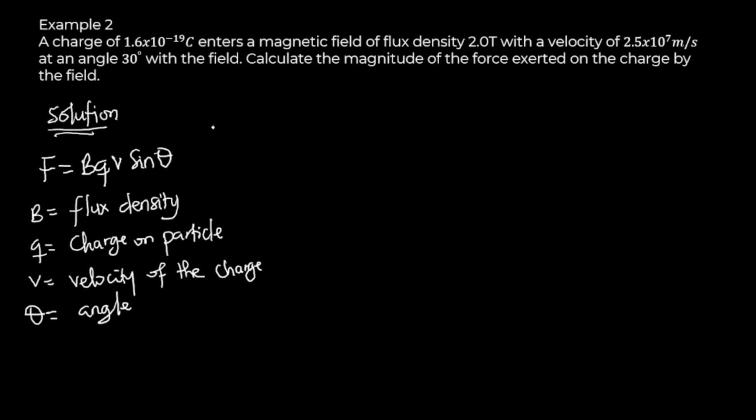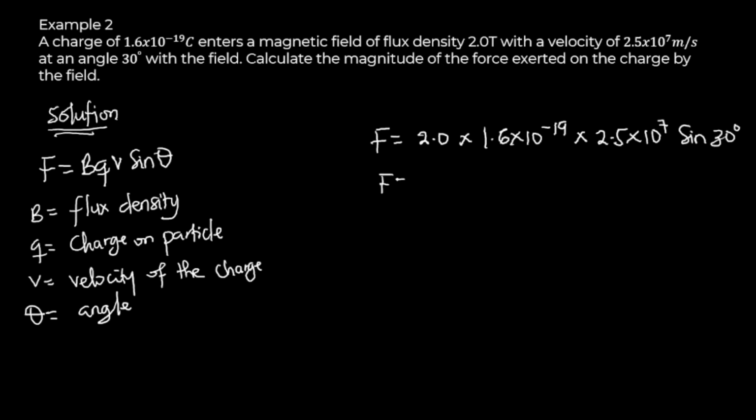So for us to be able to compute the force in this case, our force is equal to B, which is our field density, 2.0, multiplied by Q, our charge, which is 1.6 times 10 raised to the power minus 19, multiplied by V, the velocity, which is 2.5 times 10 raised to the power 7, multiplied by sine of the angle, which is 30 degrees.